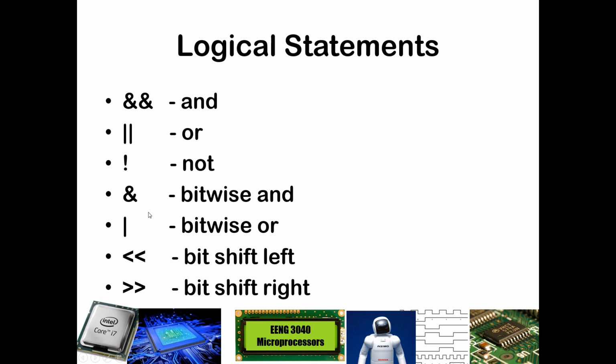If you want to use bitwise ANDing and ORing, it's a single ampersand or a single pipe here. And you can also do bit shifting. You can shift things to the left and you can shift things to the right. With less than, that'll actually take a value in a register and shift all the bits to the left. Or likewise with the greater than, you shift everything to the right one bit. We'll see some examples later on in the course as to where all of these are useful.